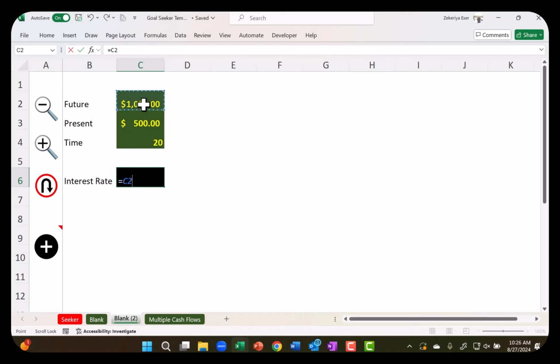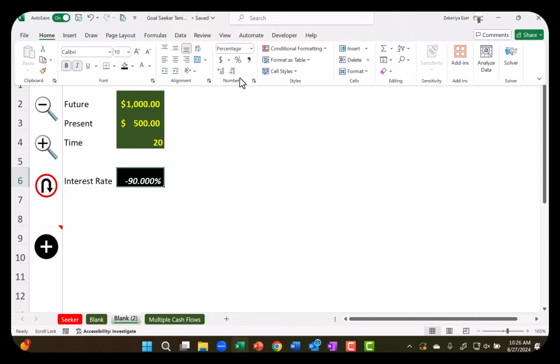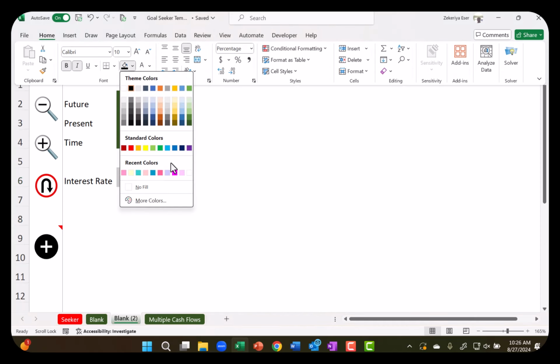Future divided by present raised to the power 1 over time minus 1. Let me change this.